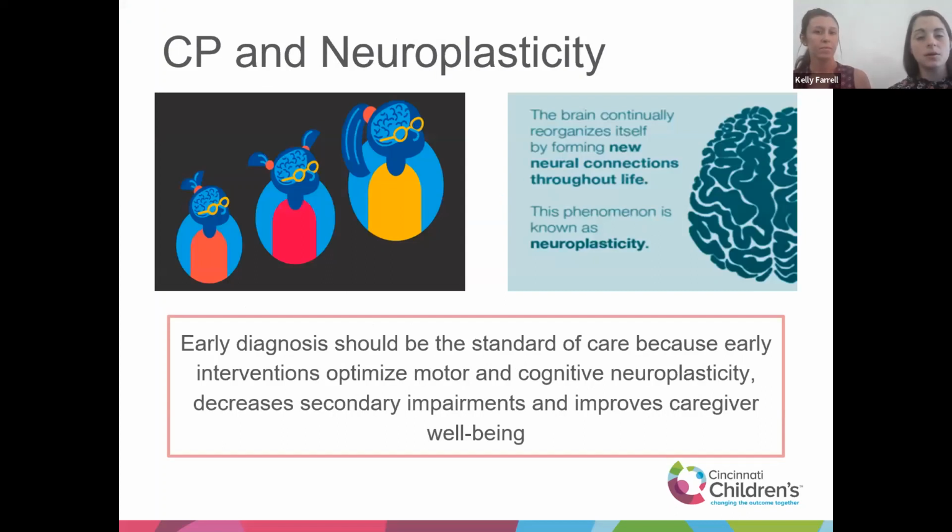As I alluded to in the previous slide, this is really important because earlier diagnosis leads to earlier appropriate intervention that the child needs to optimize their motor and cognitive neuroplasticity. Neuroplasticity is the time period up to 2 to 3 years of life where the brain is very malleable and flexible to both good and bad changes.